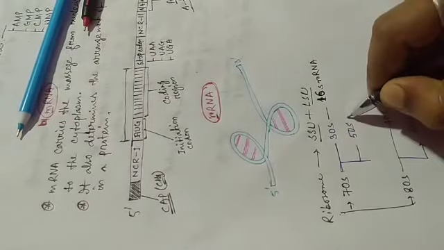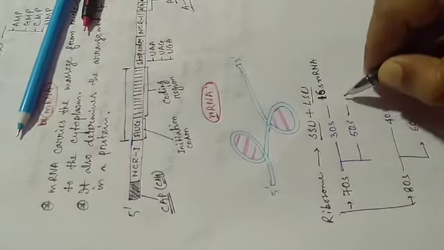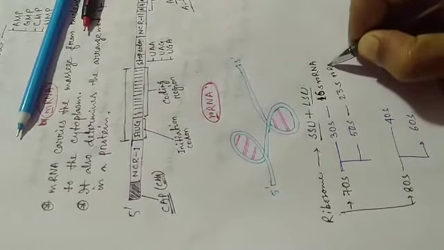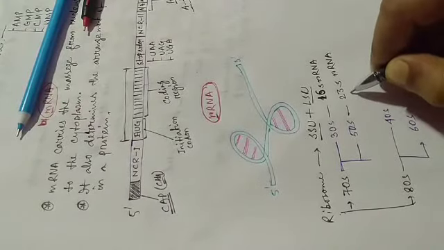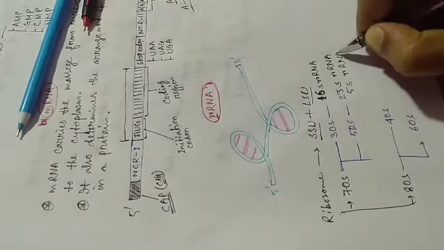And the 50S ribosomal subunit, means large subunit, is composed of 23S rRNA and 5S rRNA. Okay.